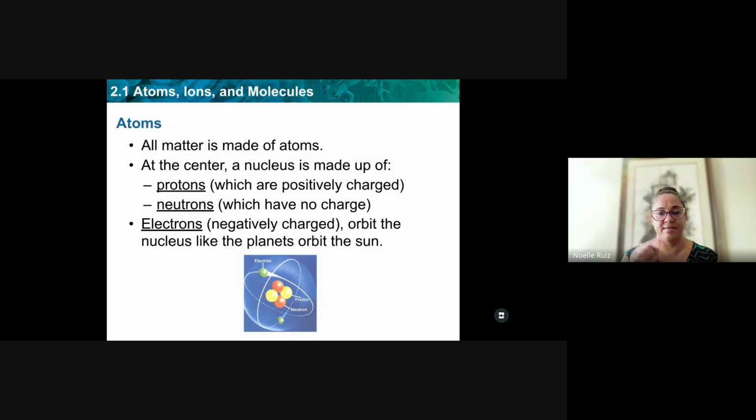That's what was going on in that picture in the beginning. It was orbiting the nucleus in different ways. So these protons, neutrons, and electrons are actually called subatomic particles because they are the particles that are smaller than the atom as a whole that make up the atom.